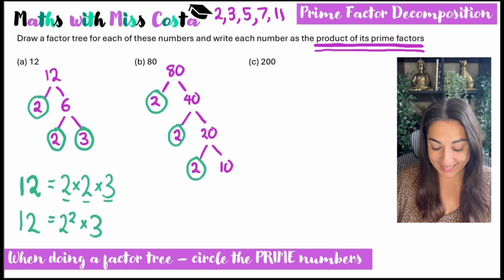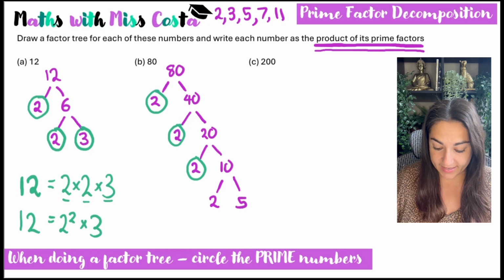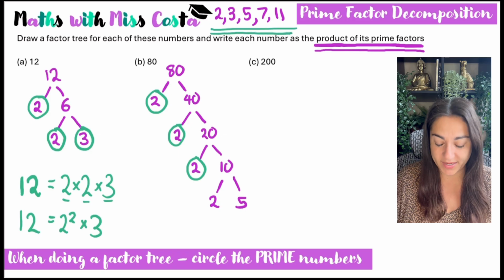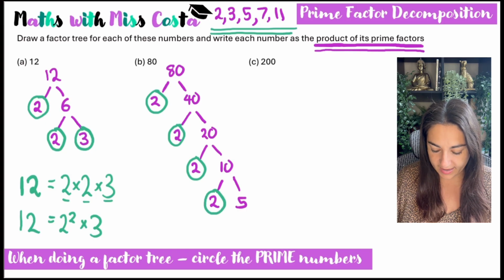And then I'm going to do it again, and that's going to be 2 times 5. So again, always have your prime numbers written up above there so that you know when to circle. And you've got 2 there and 5 there. So we're going to say that 80 is 2 times 2 times 2 times 2 times 5.